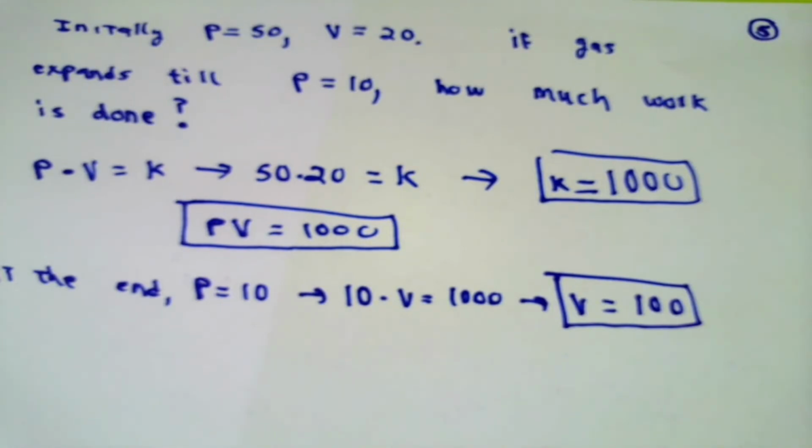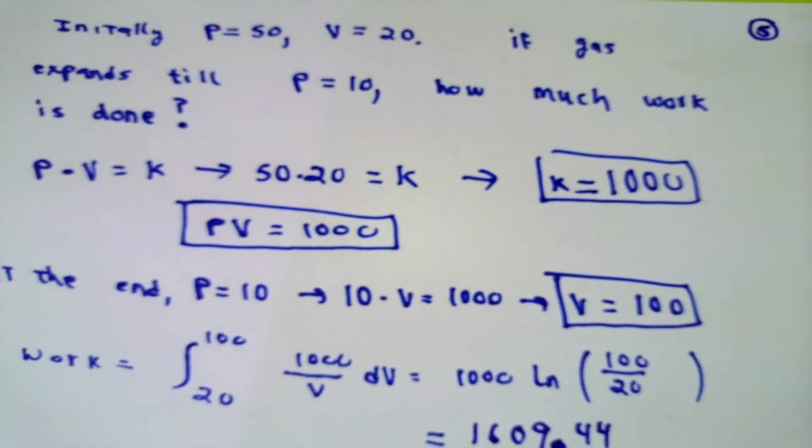Since we also know what the K is, we know everything we need to know in order to figure out the amount of work done. Whatever units I'm using, the amount of work done is 1,609.44 units of work, force times distance. I've rounded that to 5 significant figures.